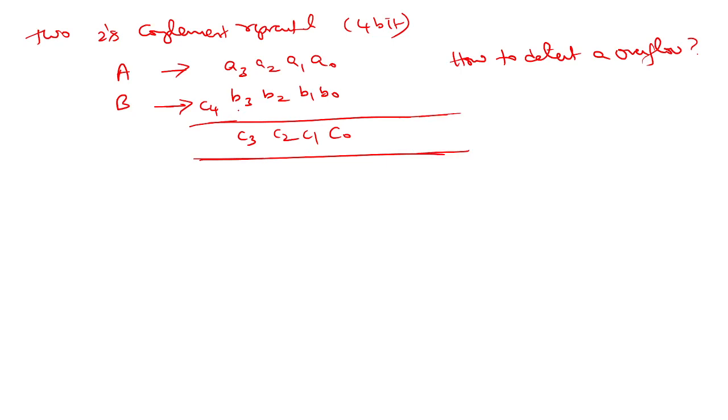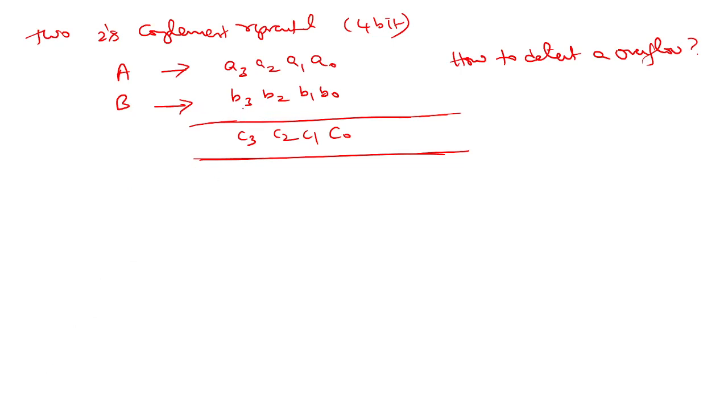And this is the carry that is generated from this stage. Let's say C aux, that is the input carry. Or I can also say, why confuse you guys?